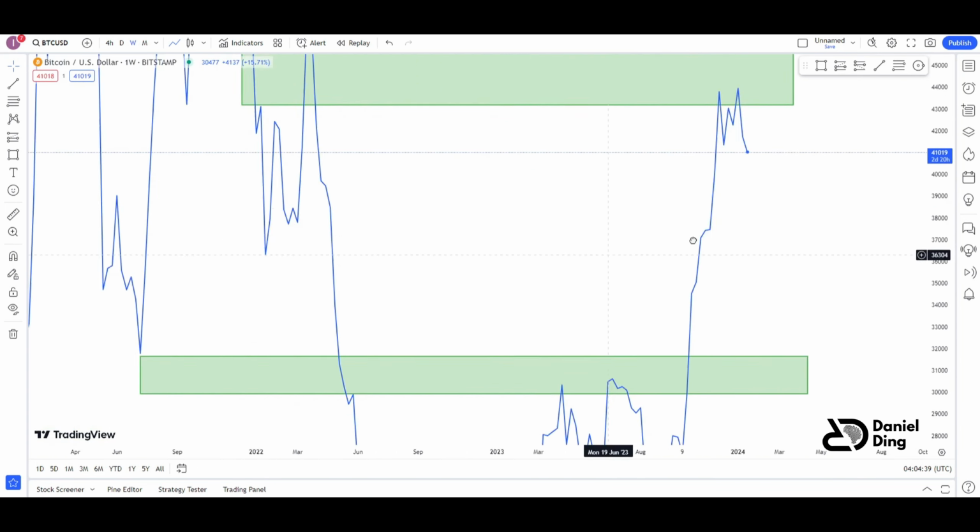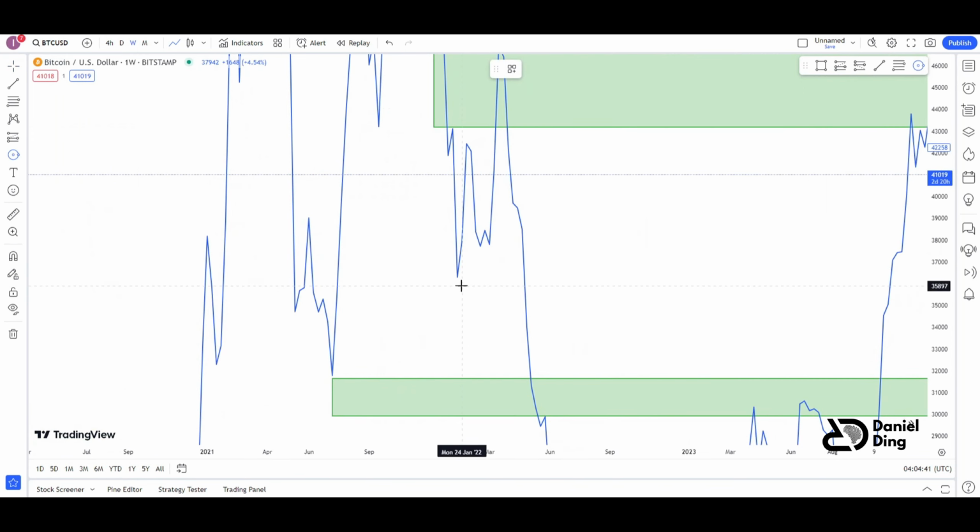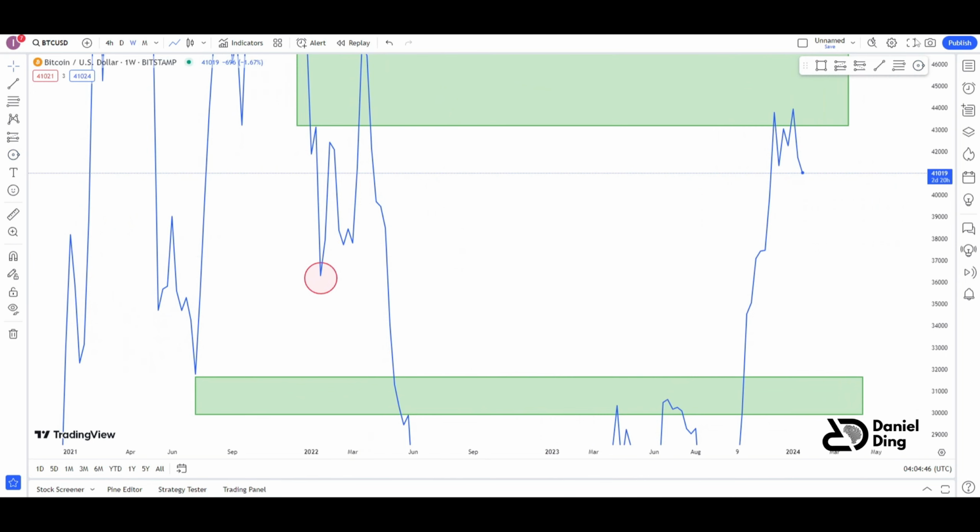Okay, let me show you. Back to weekly time frame. Look for significant V. Yes, there is a V here, but why do I mark this V? This is because of the nearest A to the V. So this is the A. If you look to the left, where's your nearest A?